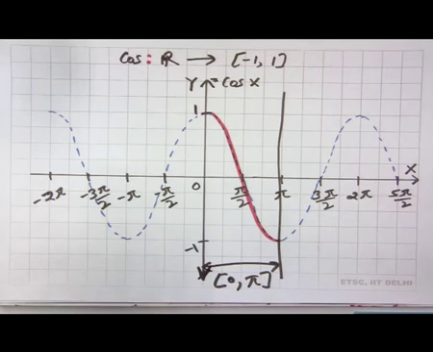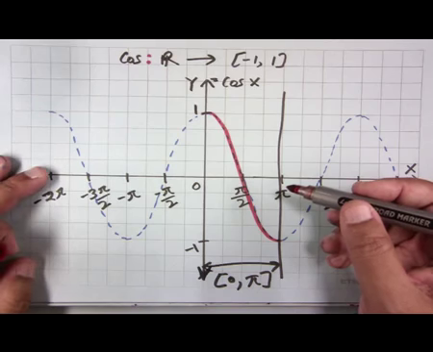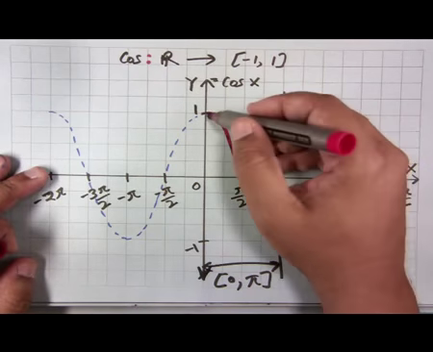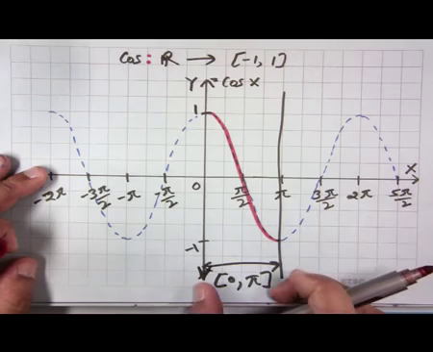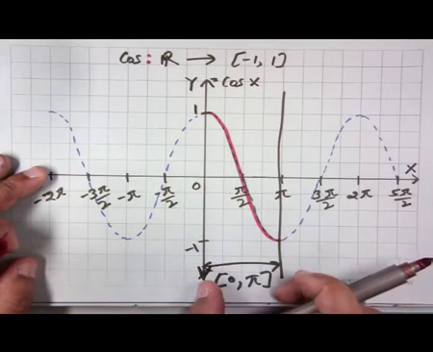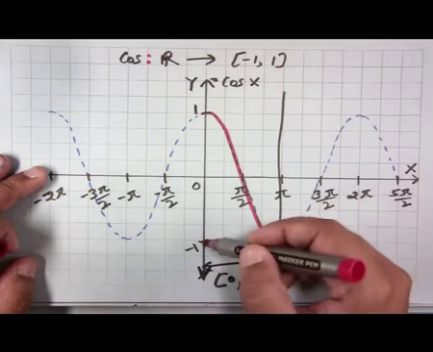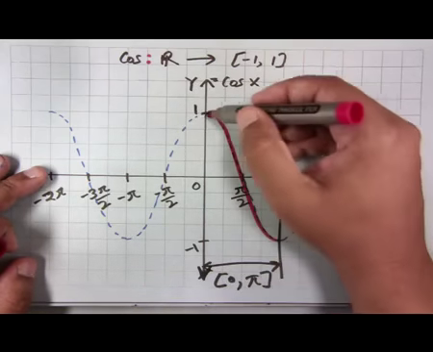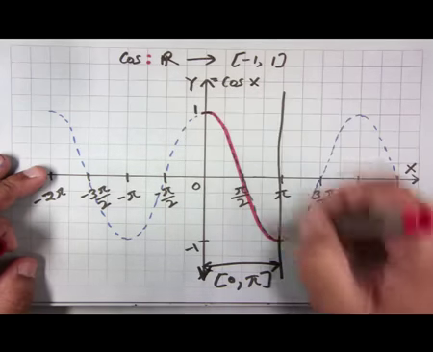And again, just like for the sine function, the entire range is covered even if we restrict the domain to 0 to pi. The range of the cosine function when restricted to this 0 to pi interval is still all values between 1 and minus 1, because this red curve is continuous between 1 and minus 1.